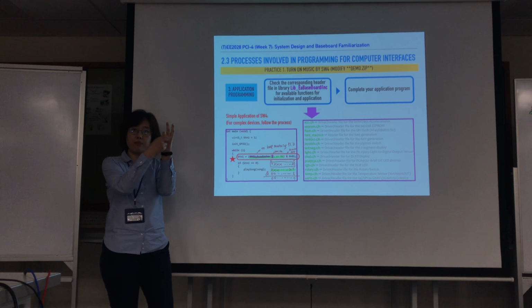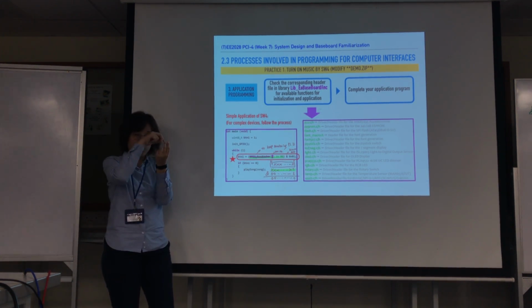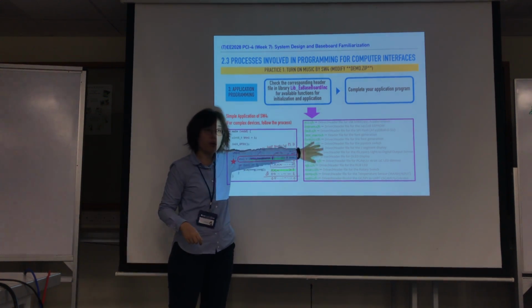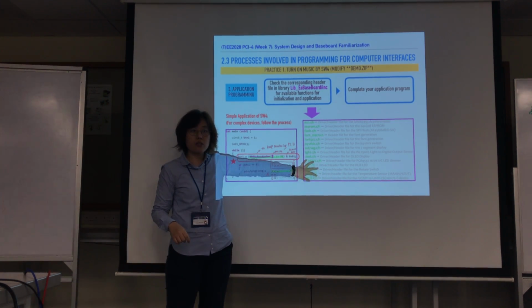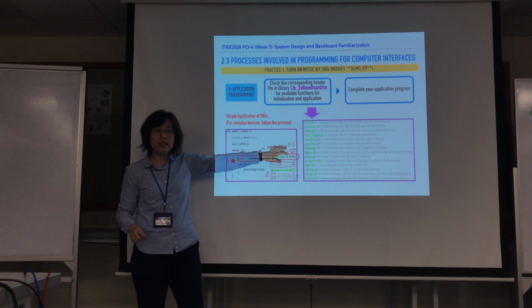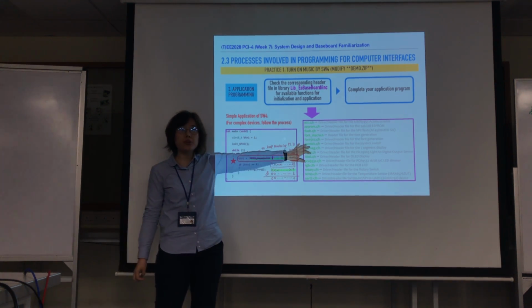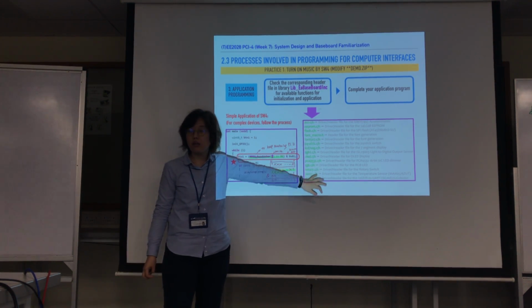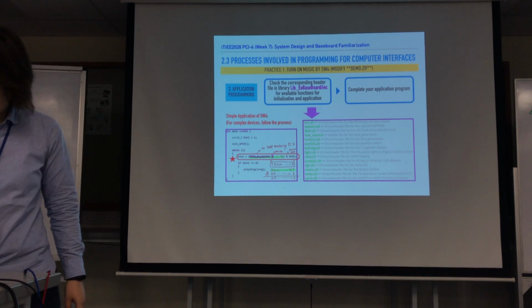One device may have multiple pins, so it will be very painful if we need to program each pin. So again there are libraries provided. There are already some functions written for you. You can use them directly. Okay, so I will show this later on.